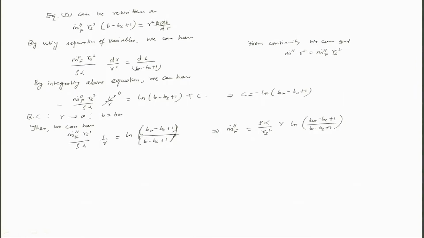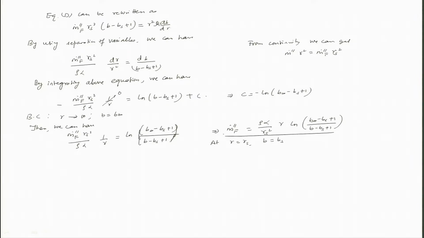So, we will have to now apply a boundary condition again, right, at R is equal to Rs. What is that? That is basically B is equal to Bs, right. So, if you put that thing here, I can simplify this one, right, because I want to find out the mass flux at the surface, because this is a general term.